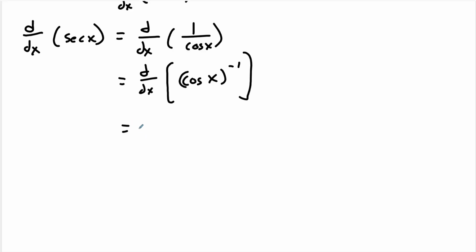So then this will be the same as -1 times cosine of x to the -1 minus 1, again power rule, times the derivative of the inside. Never want to forget that, okay? Chain rule is often very easy to miss with the extended power rule, especially if you do not put the parentheses here.